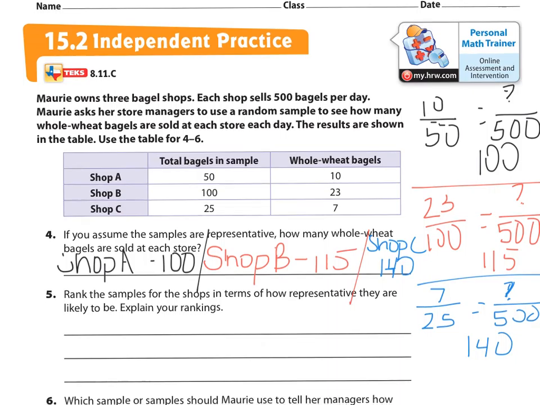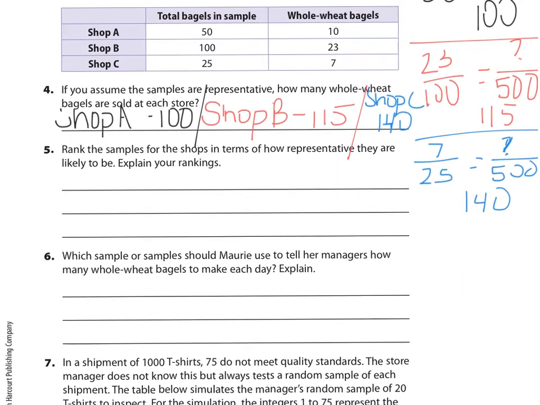So number 5 asks us to rank the shops in terms of how representative they are likely to be, and explain our rankings. It is more representative if more were sampled, because the larger your sample size, the more accurate your results are likely to be.